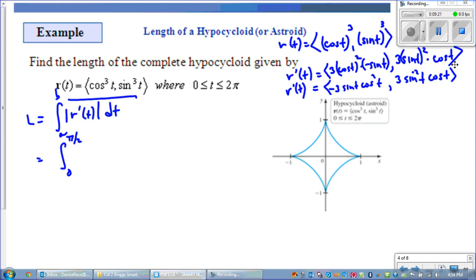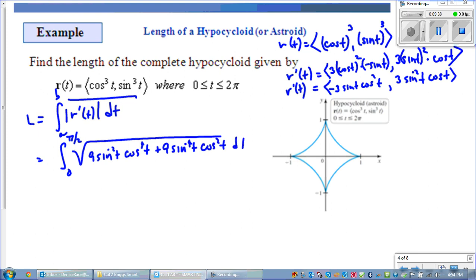So now, the magnitude of that will be the square root of 9 sine squared cosine to the 4th plus 9 sine to the 4th cosine squared. Okay, taking out common terms, we see that we have a 9 sine squared cosine squared in common.